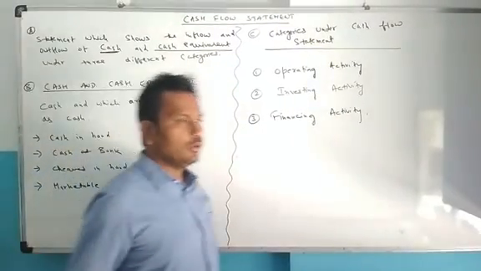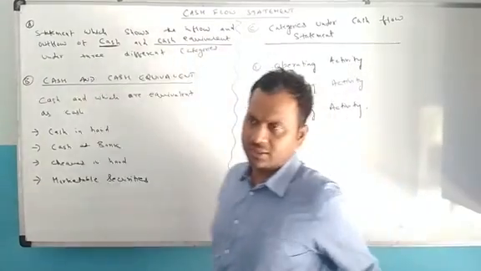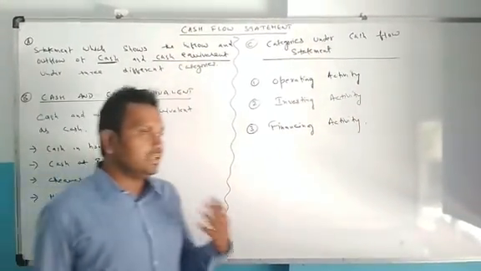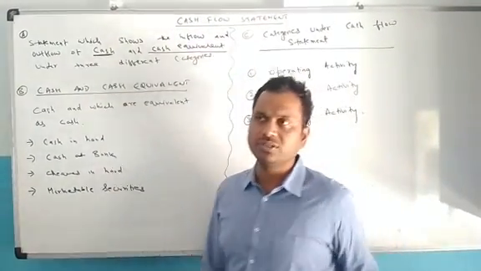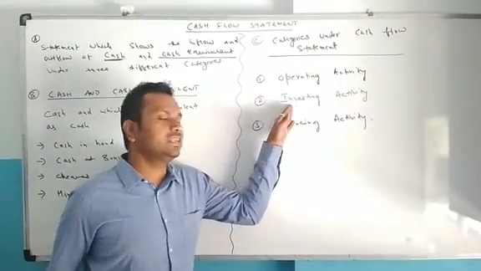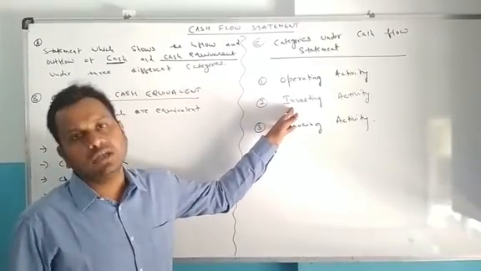Apart from that, we also invest in short-term assets, which are known as current assets. But those are considered under operating activity, because they are required for the day-to-day functioning of the business. So investing activity basically includes all investment into long-term assets.